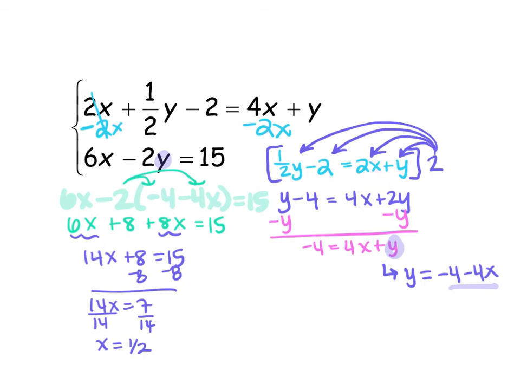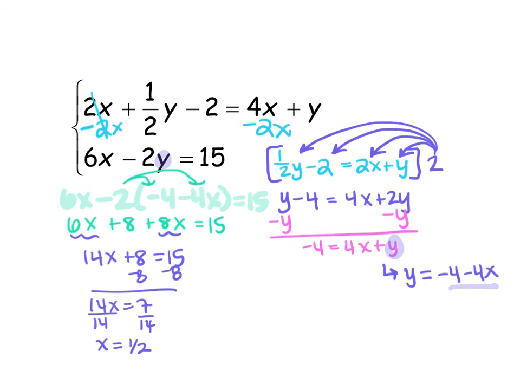Okay, now once we have that, you're going to plug back into either of the original equations to solve for y. In this case, I really don't want to plug back into the first equation as it was originally written, because it had lots of expressions on both sides and it had that fraction of 1/2.